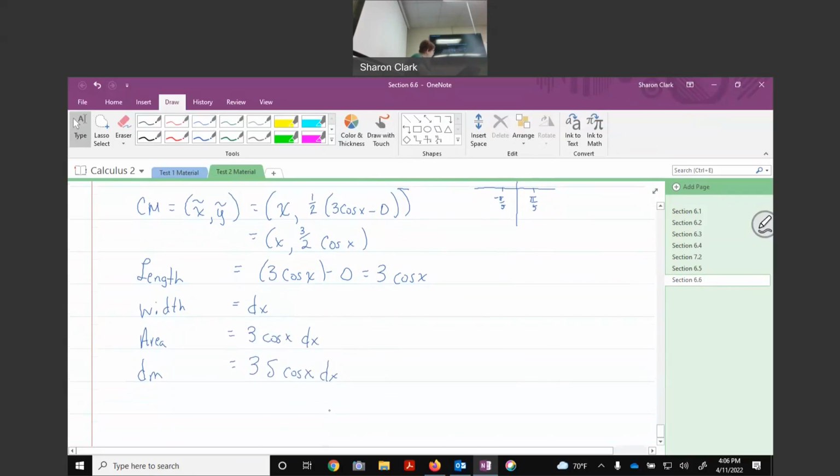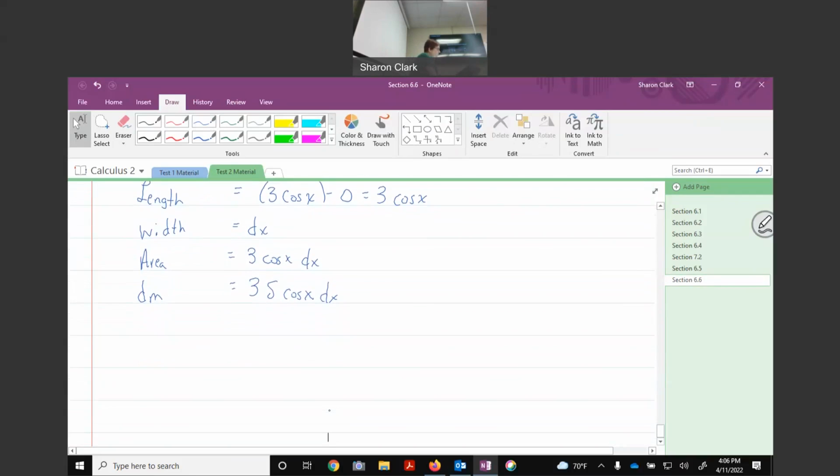Now, let's go ahead and find M. M is the integral from a to b of dm. So that's the integral from negative pi over 5 to pi over 5, 3 delta cosine x dx.